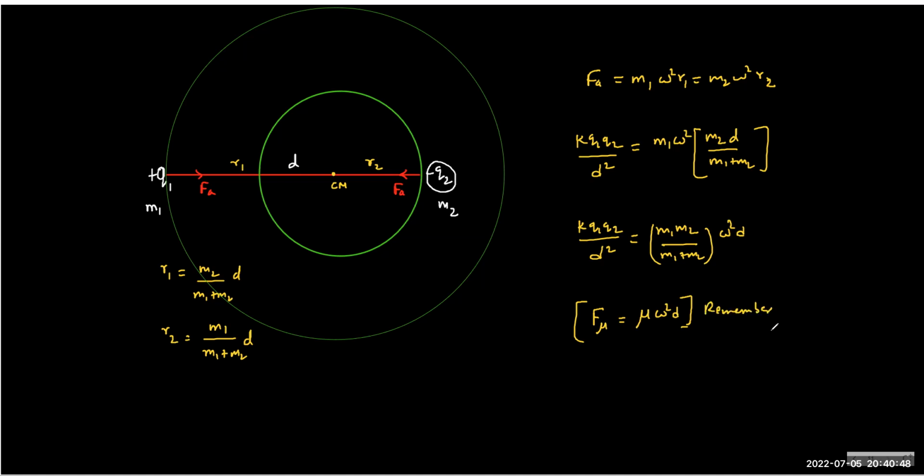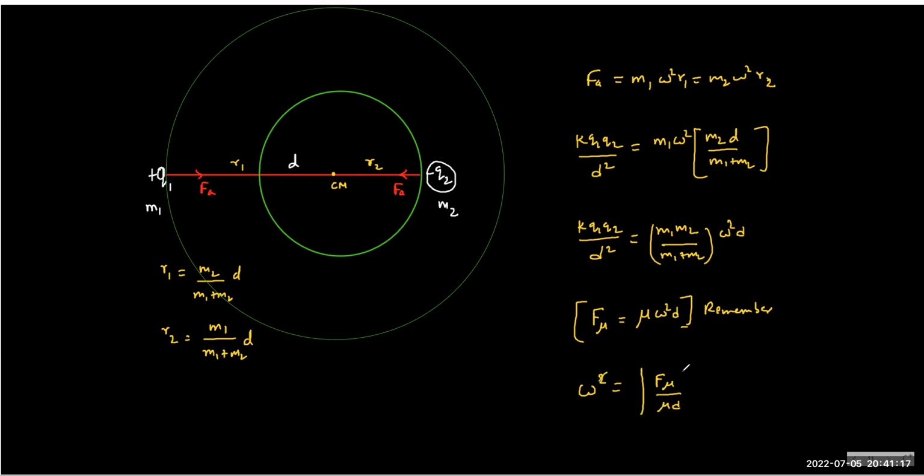And what you can do next is simply substitute the values. So the force will be mu omega square d, and then you can get the omega value. So omega square is how much? Okay, I'll just state it in short: F by mu d.